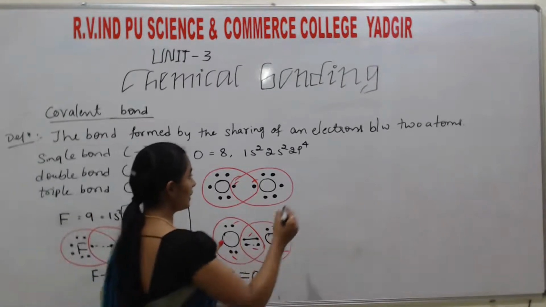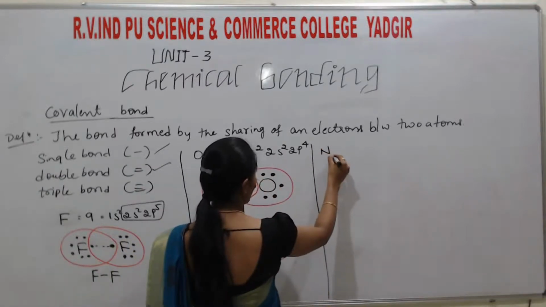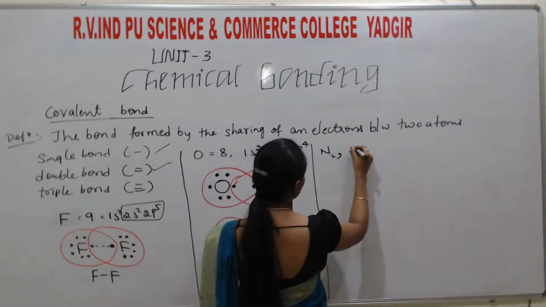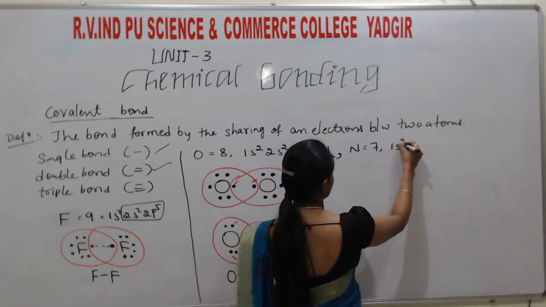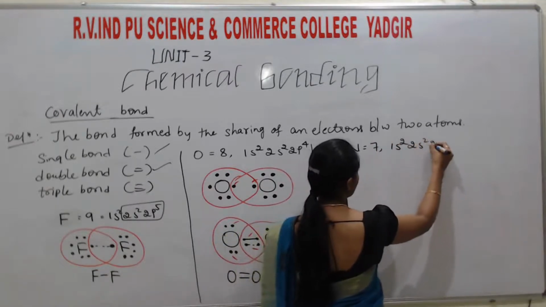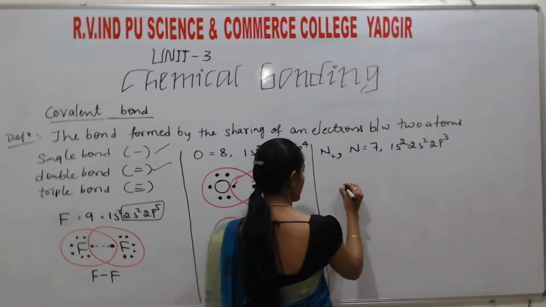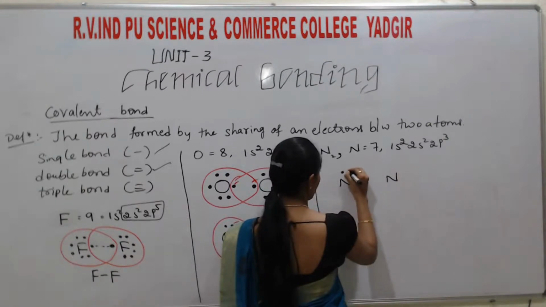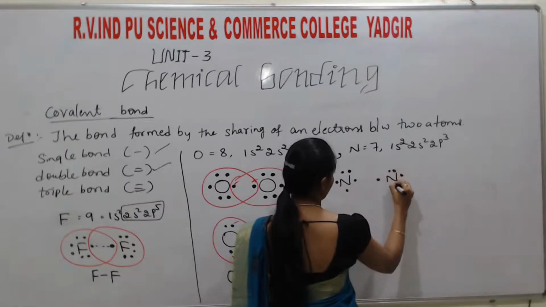Okay. So similarly, if you take nitrogen molecule, that is N2. So atomic number of nitrogen is 7. Configuration is 1s2, 2s2, 2p3. Understand? So consider nitrogen here. Both the nitrogens have 5 valence electrons.